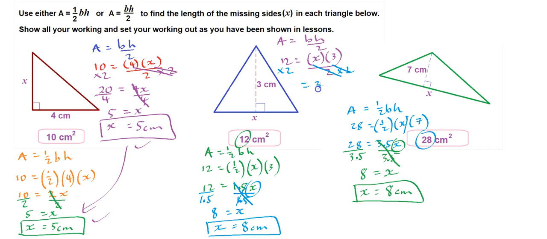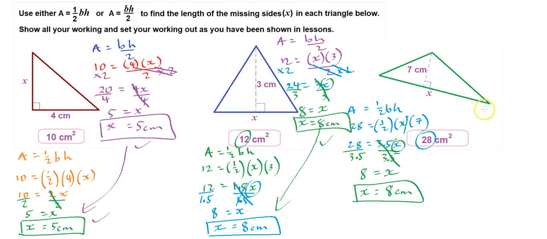On this side I'm left with 3 times x, which is 3x, and 12 times 2 is 24. I'm nearly at the end, so I just divide by 3 to cancel out timesing by 3. So that makes that x is left on the right, and on the left I've got 24 divided by 3 is 8. So x equals 8 centimeters, and that is what I got before, so that must be right as well.